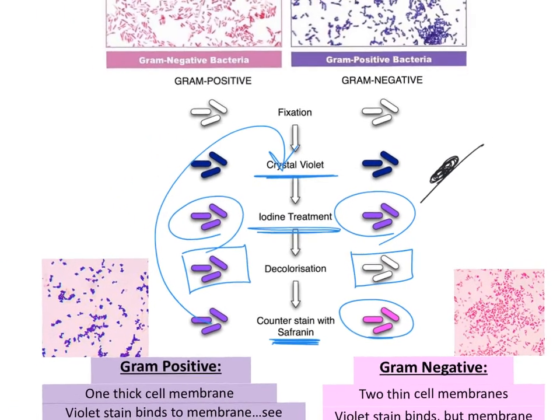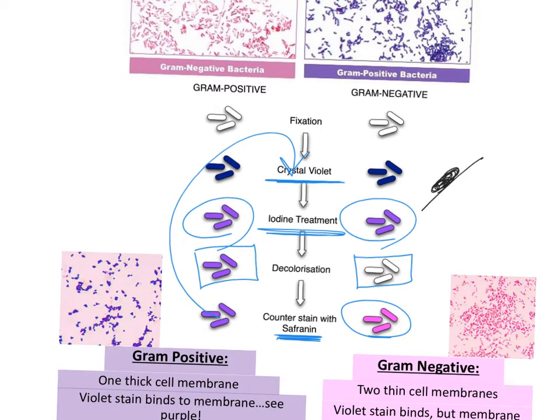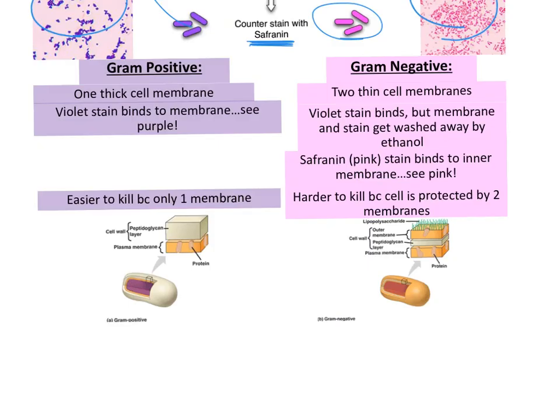You can see off to the side, there's some real pictures of what the cells would look like, whether they are purple or whether they are pink. The color of the cell then allows us to determine whether the cell is Gram positive or Gram negative. The purple colored cells are positive and the pink colored cells are negative.